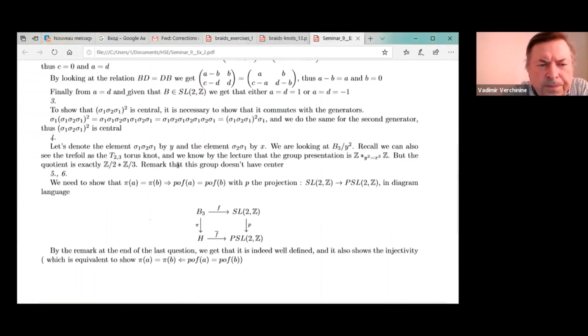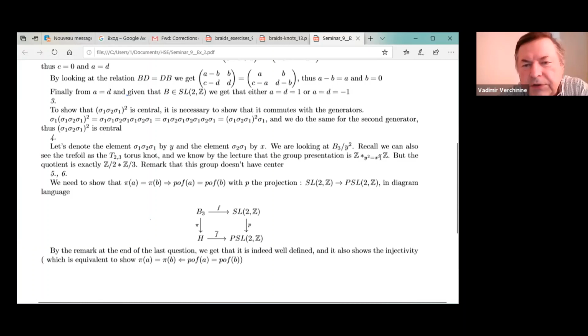Yes, so you are right that we have the trefoil, and here you have it like this. And when we factorize by the center, we get this.